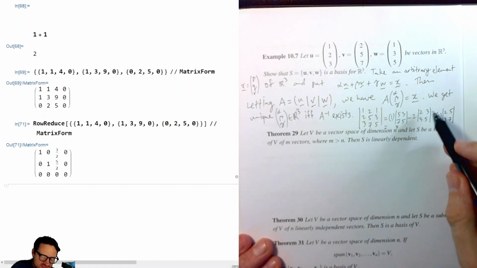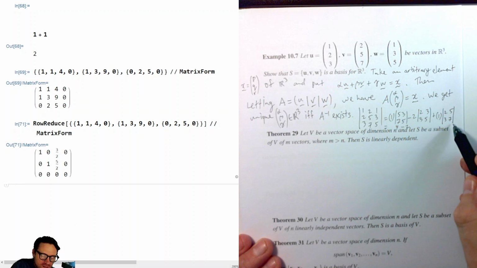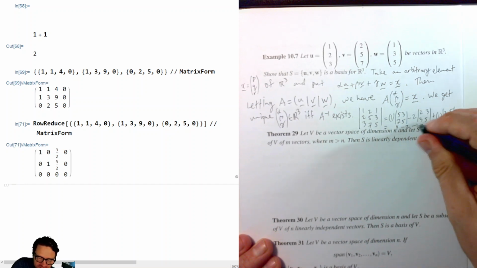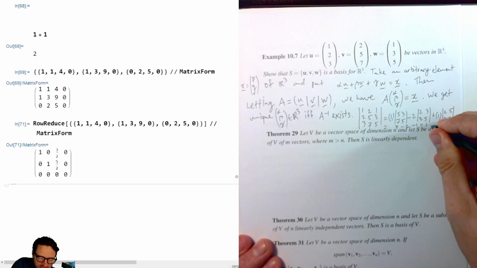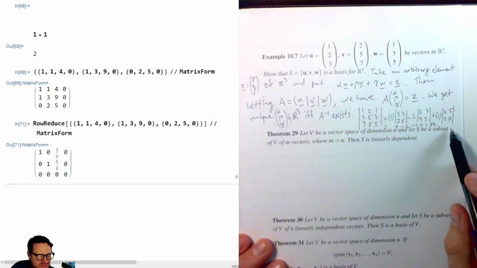This is 10 minus 9 is 1, so that's minus 2. This is 14 minus 15, so minus 1. Yes, I'm pretty sure this is familiar. So this is 4 minus 3 is 1, which is non-zero, so the inverse exists. And so the answer is yes.